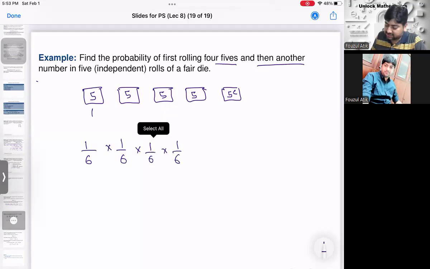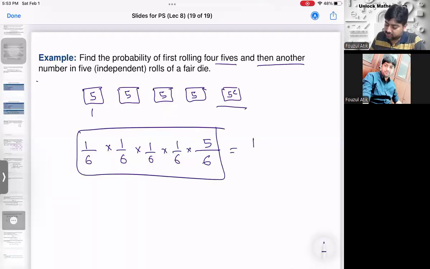Next is again 1 by 6. Then the last time it says it should be other than 5. How many outcomes are there other than 5? There are 5 outcomes. Total number of outcomes is 6. So the required probability is (1 by 6) to the power 4 times 5 by 6, because all of them are independent events.